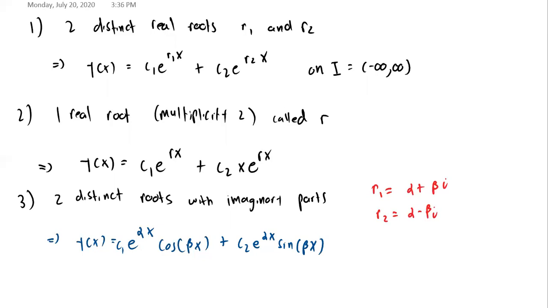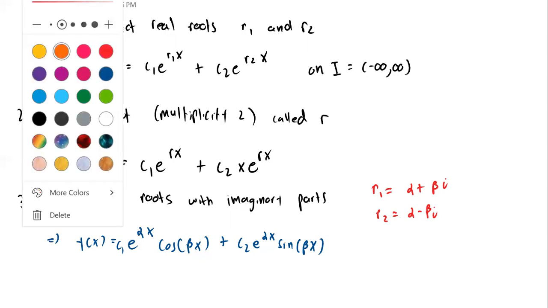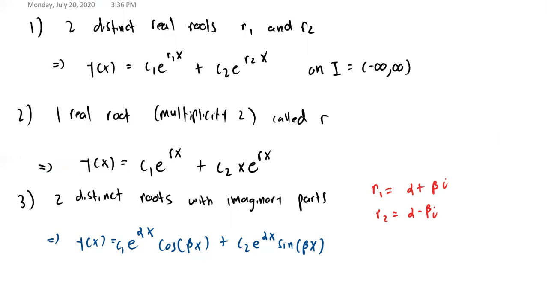And of course, I forgot to write, both of these, case 2 and case 3, also work for all real numbers, so on I equals negative infinity to infinity.